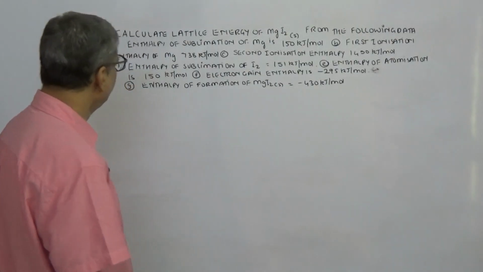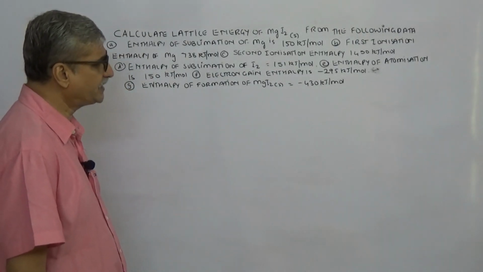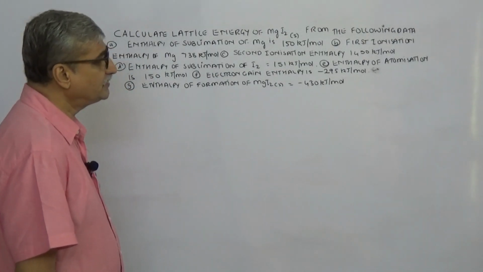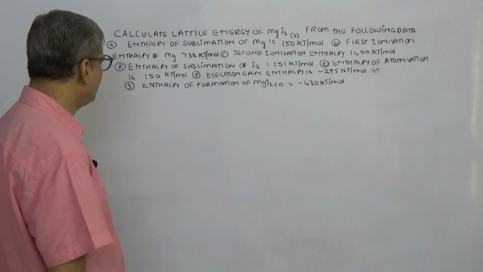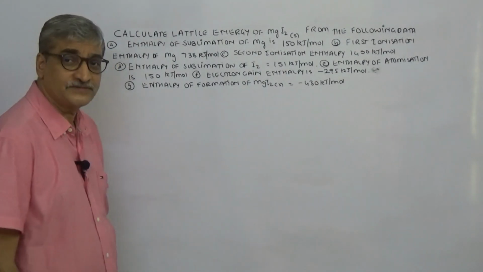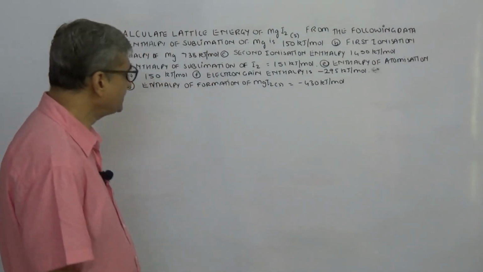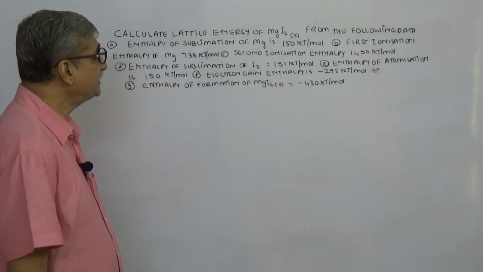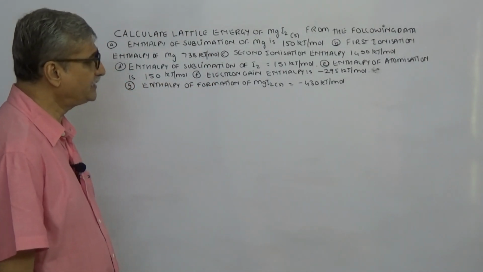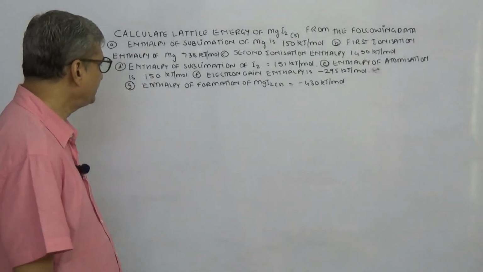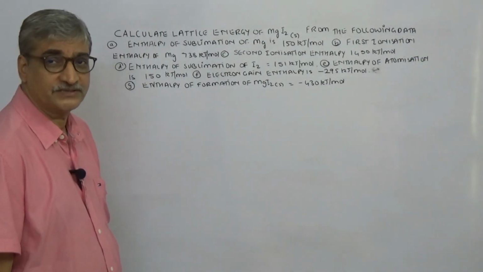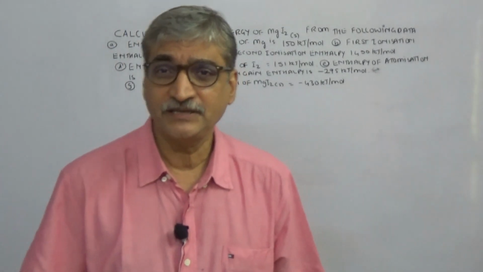First ionization enthalpy is 738, second ionization enthalpy is 1450 kilojoule per mole. Enthalpy of sublimation of iodine is given. Enthalpy of atomization is given. Electron gain enthalpy of iodine is given, and enthalpy of formation of magnesium iodide.